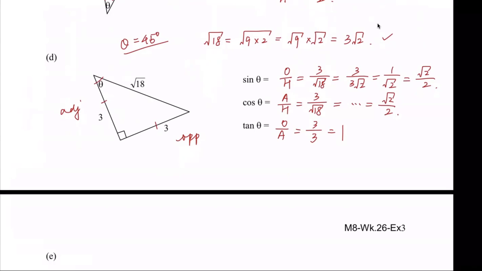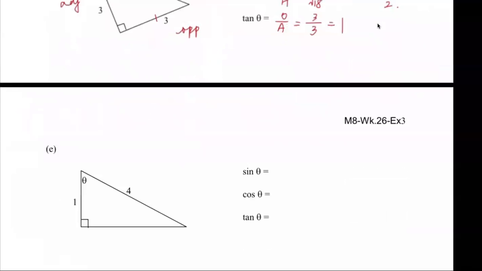There are a few special cases that we need to remember eventually: 45 degrees, 30 degrees, 60 degrees, 90 degrees, 120 degrees, 180 degrees, 270 degrees, and 360 degrees. I will upload a trig value table so we can start memorizing those values.